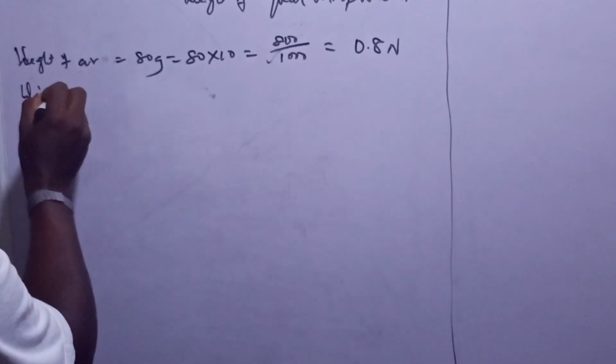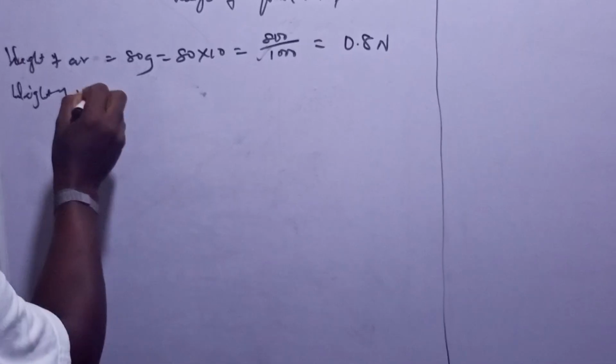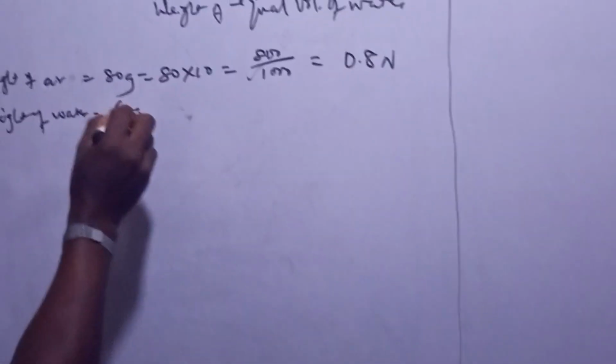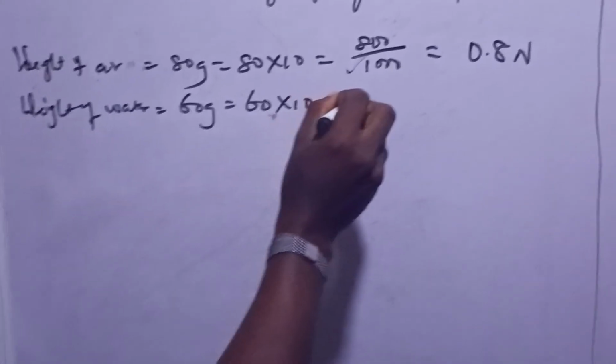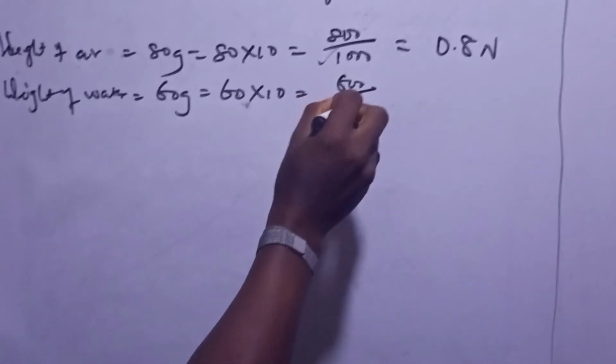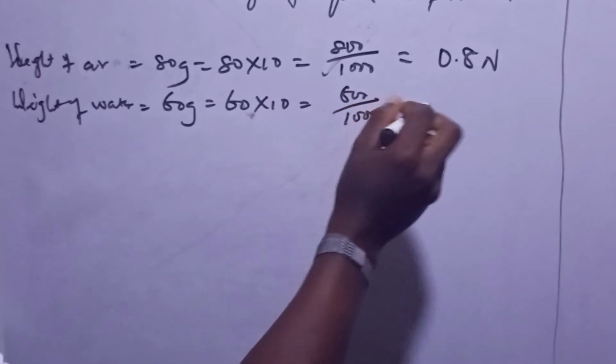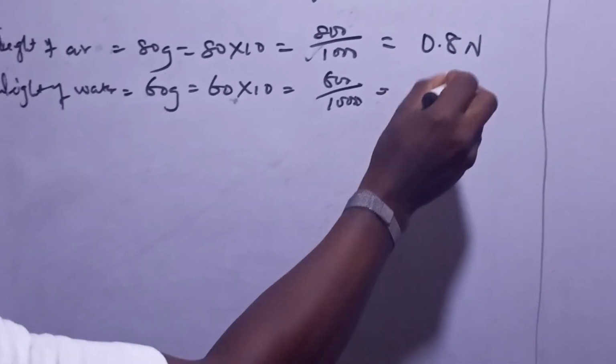We also have the weight of water to be 60 grams, which is 60 times 10, equals 600, divided by 1000. We have 0.6 Newton.